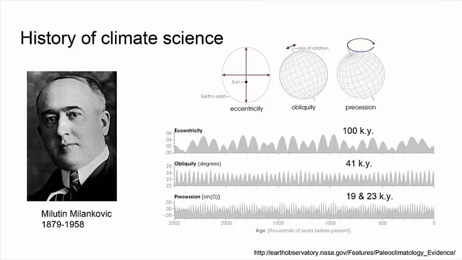You can think of it like spinning a top. When the top's about to die, you notice it starts wobbling around. That's what's called precession. So the combination of all these cycles, the 41,000, the 20,000, the 100,000 year cycles together, can explain the ice ages, because they produce differences in how much solar insolation the Earth receives in the summer season in the northern hemisphere.